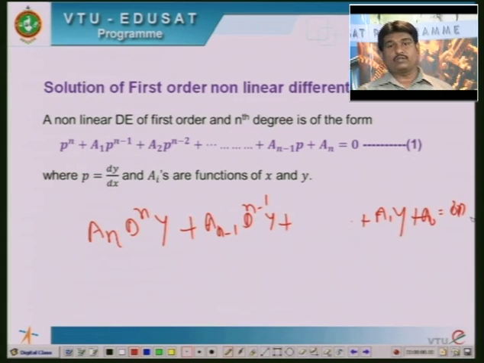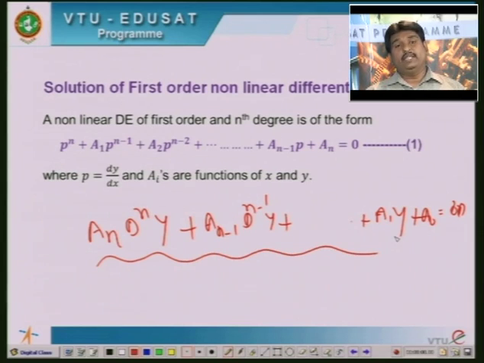You can take a naught to the RHS so that the LHS contains terms of the dependent variable as well as derivatives with respect to the dependent variable only. This will be linear provided all ai's are constants or functions of x alone, only x.